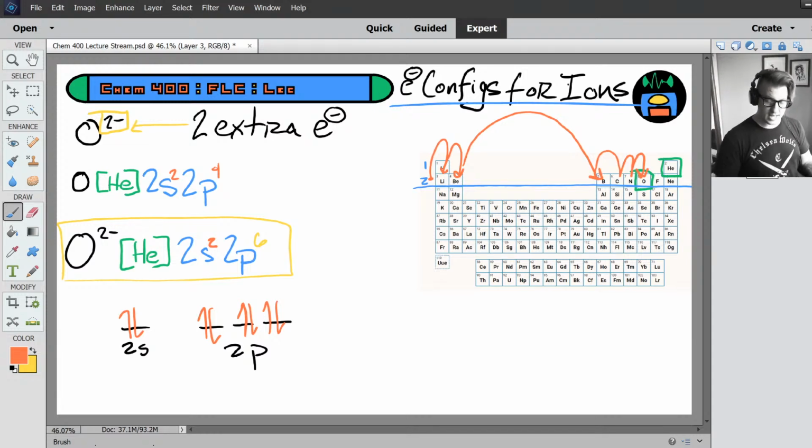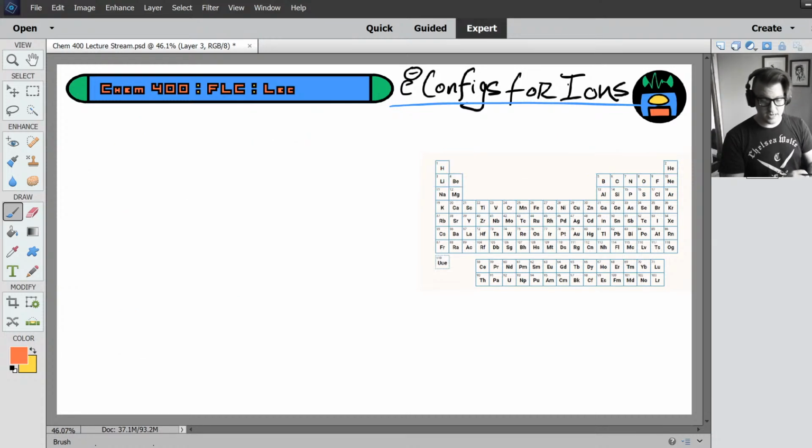All right, that is how you handle an anion. You add the extra electrons to the neutral electron configuration, and then from that electron configuration for the anion, you write the orbital diagram. All right, so that's how you handle an anion.